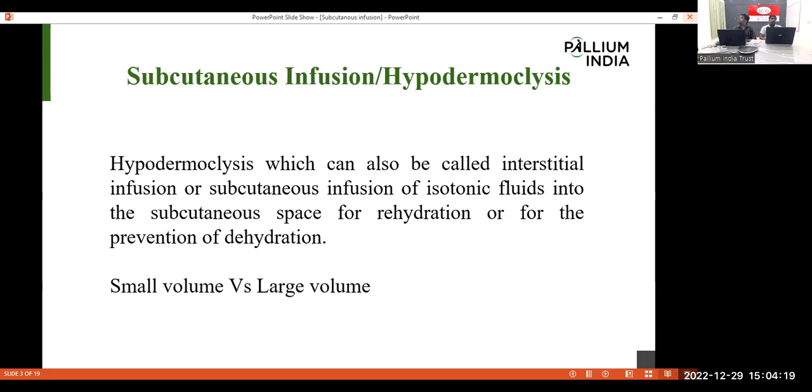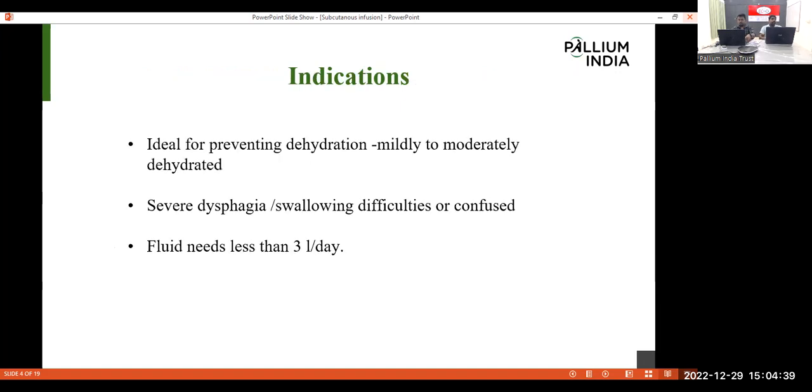Suppose any infusion, a drip form of infusion, we give in dehydrated cases: mild to moderate dehydration patients, we can give the infusion subcutaneously to rehydrate the patient. So what are all the indications?